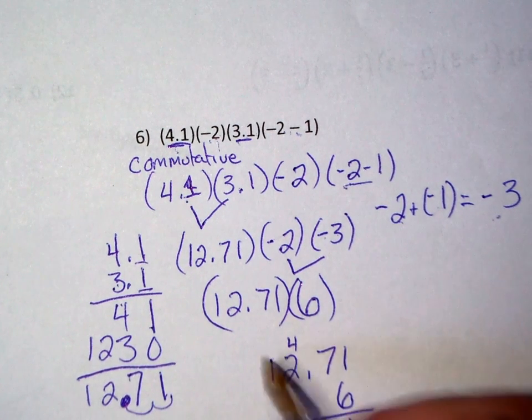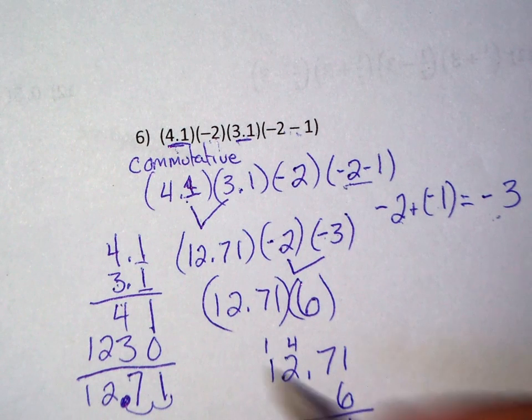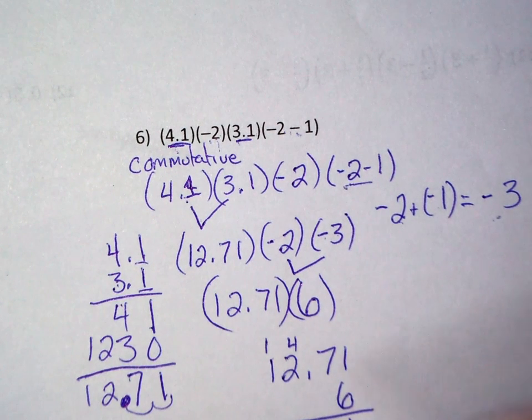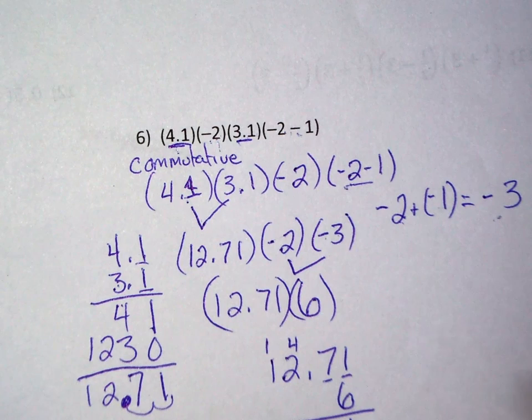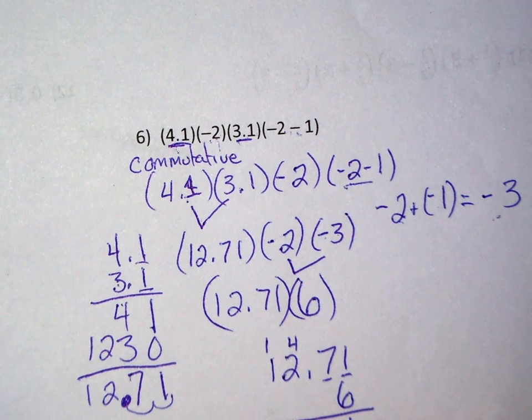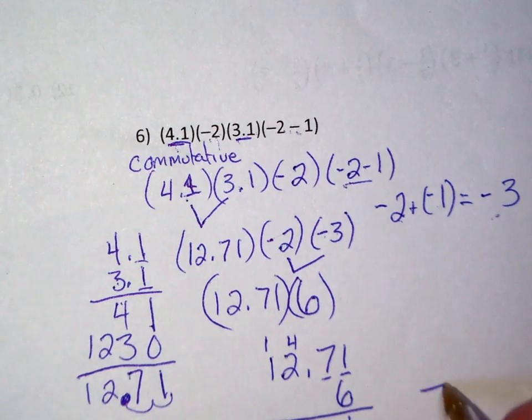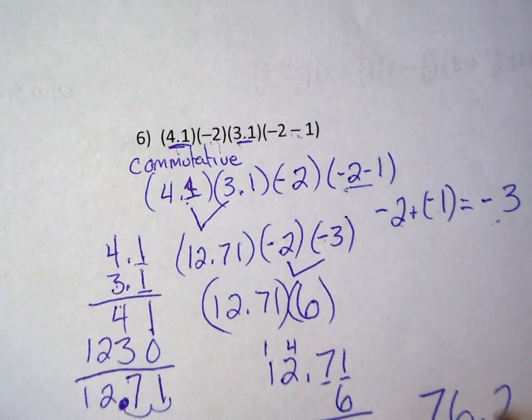Plus 4 is 16. 6 times 1 is 6, plus 1 is 7. Again, our original problem had 2 decimal places in that term, so we're going to move our decimal place over 2 digits. So our solution would be 76.26.